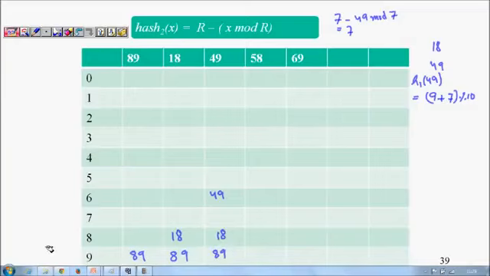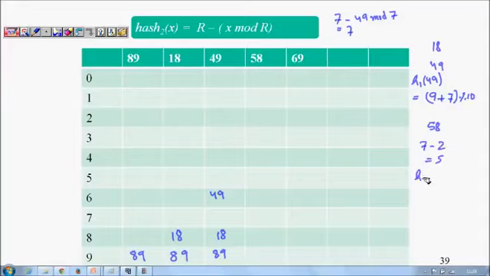Next, we try to insert 58. 58 modulo 10 is 8, and cell 8 is already filled with 18, so we try the next location. hash2(58) is 7 minus (58 modulo 7). 58 modulo 7 is 2, so this becomes 5.